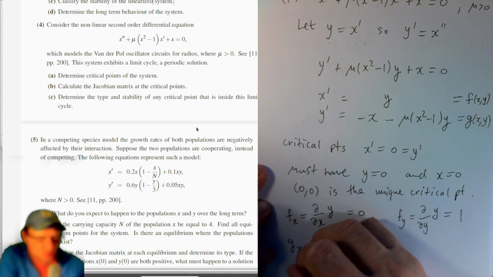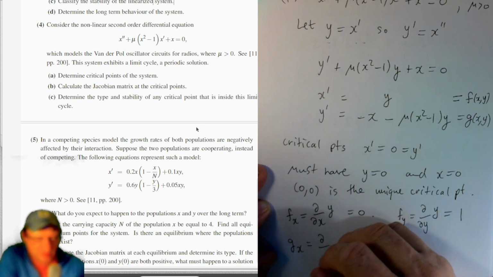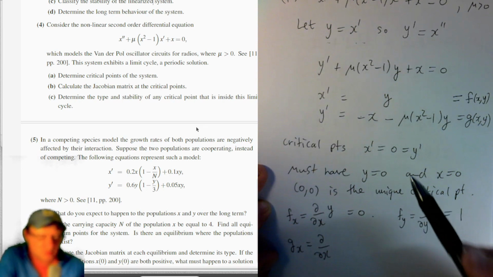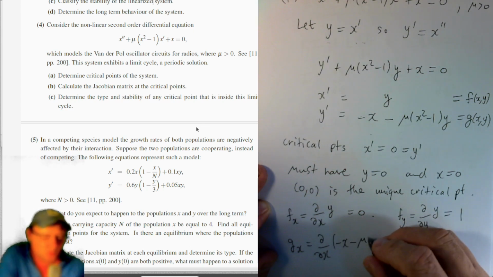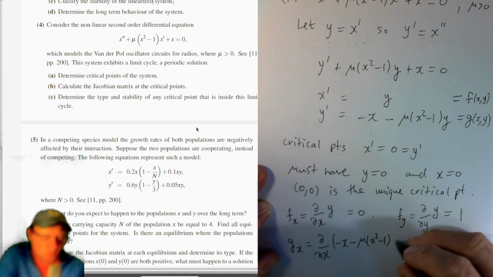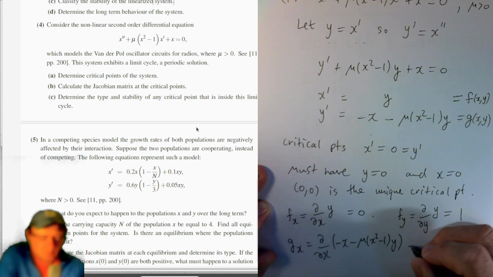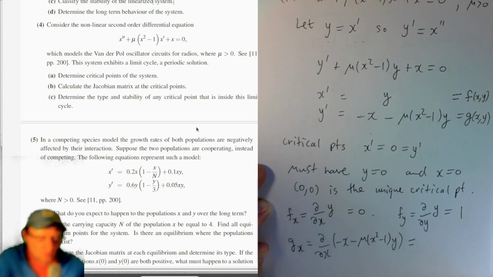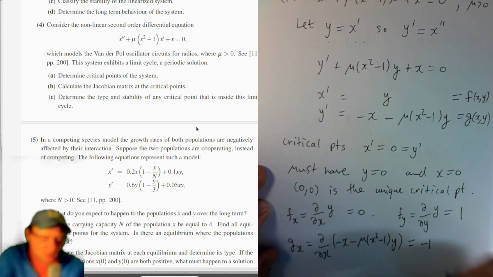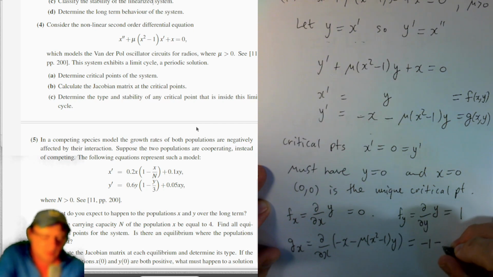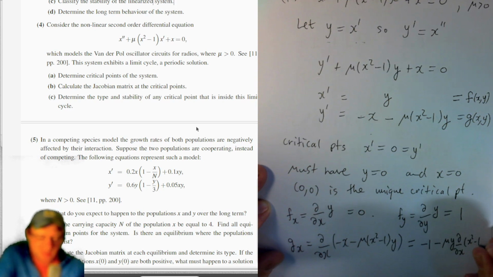Okay, G subscript x is the partial derivative with respect to x of all of that, minus x minus mu (x squared minus 1) times y. And so minus 1 for the minus x. And then we have minus mu y times the partial derivative with respect to x of x squared minus 1.